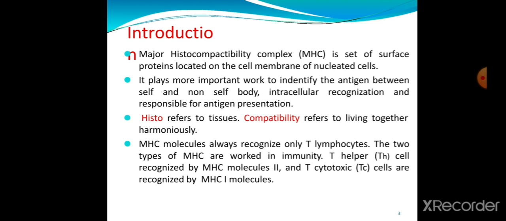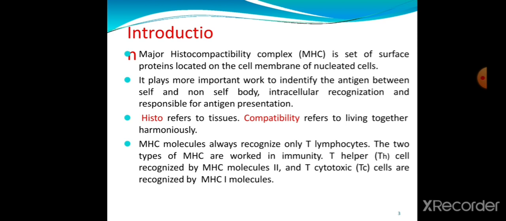Now it plays an important role in identifying antigens between self and non-self, intracellular recognition, and is responsible for antigen presentation. Histo means tissue. Compatibility refers to living together harmoniously.